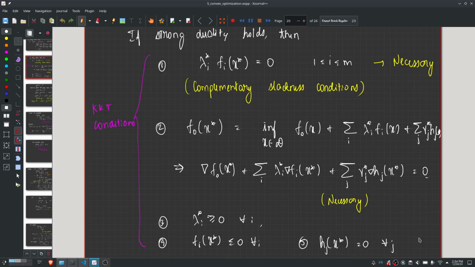Okay, so let's start. In the previous class, we essentially derived the KKT conditions, which are a set of necessary conditions for optimality of a given point, assuming strong duality holds.